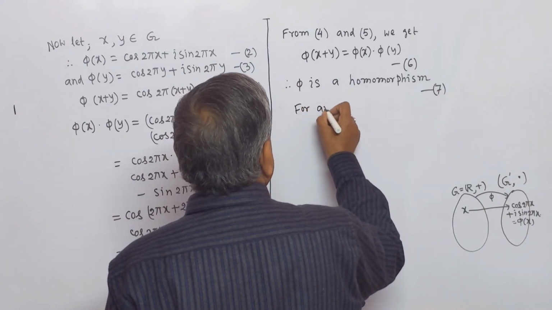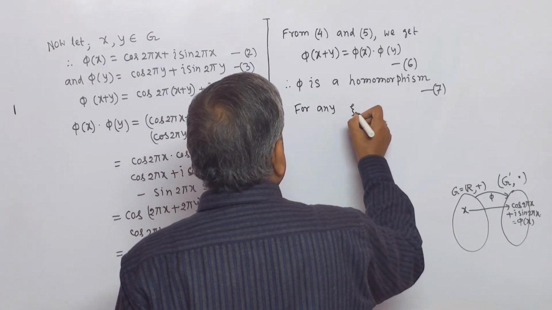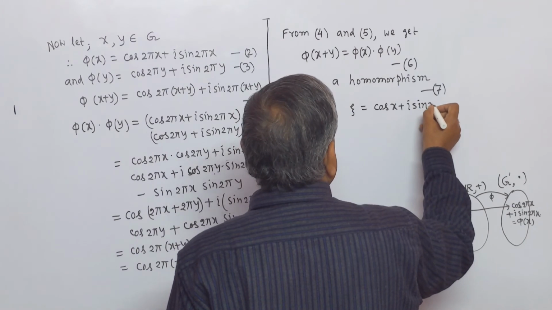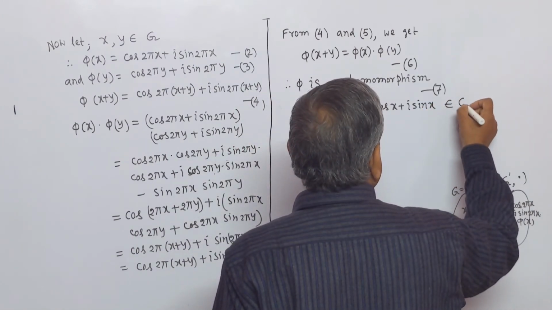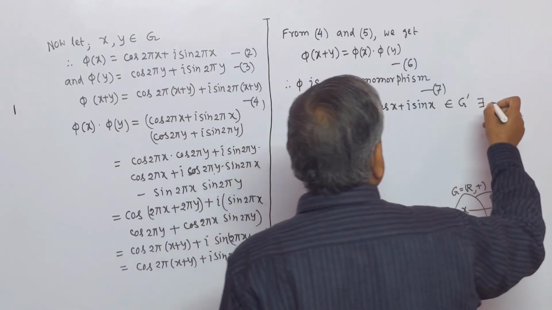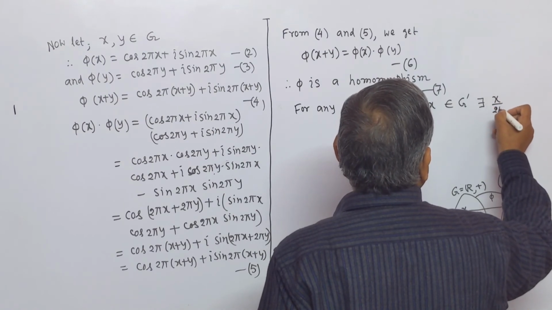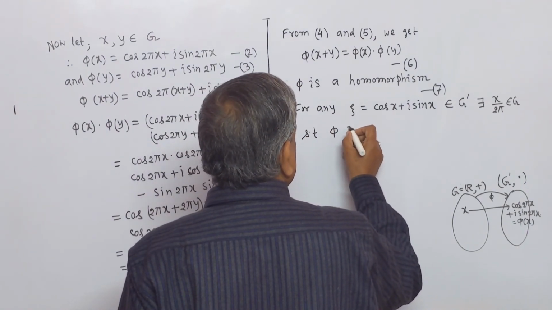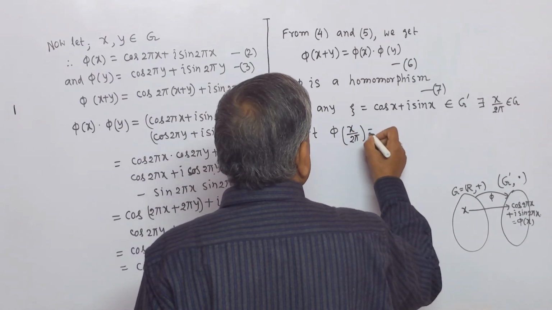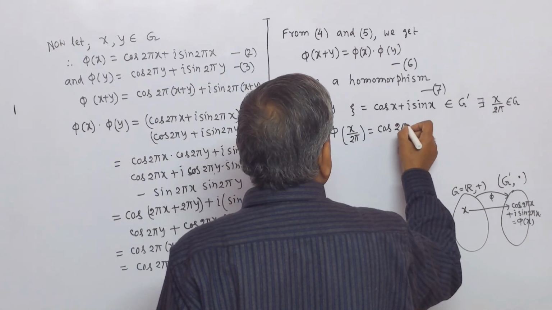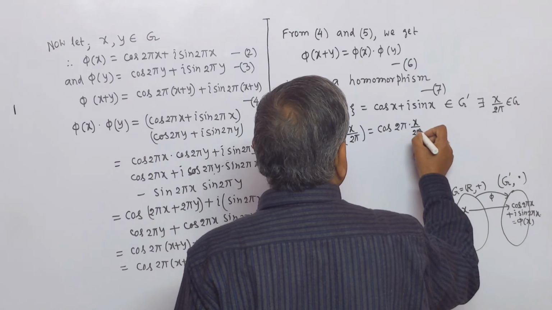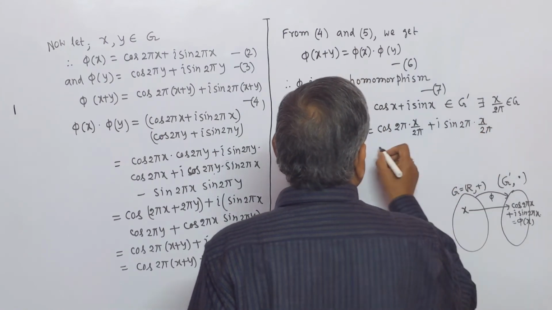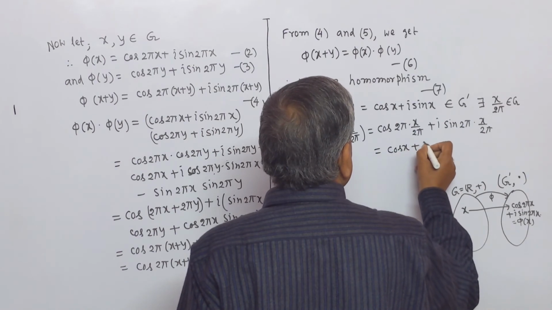For any xi equal to cos x plus I sin x belongs to G prime, there exists x by 2 pi belongs to G such that phi x by 2 pi equal to cos 2 pi multiply x by 2 pi plus I sin 2 pi multiply x by 2 pi equal to cos x plus I sin x.